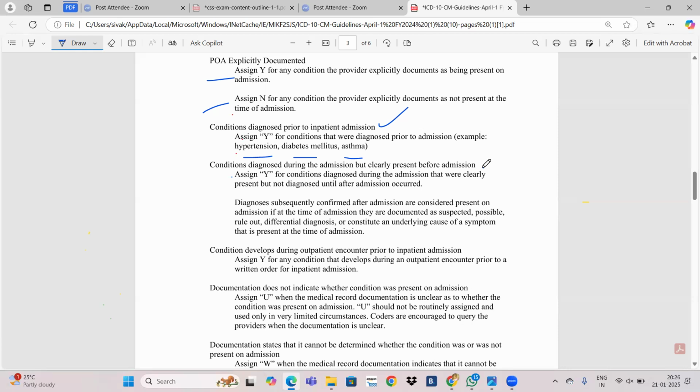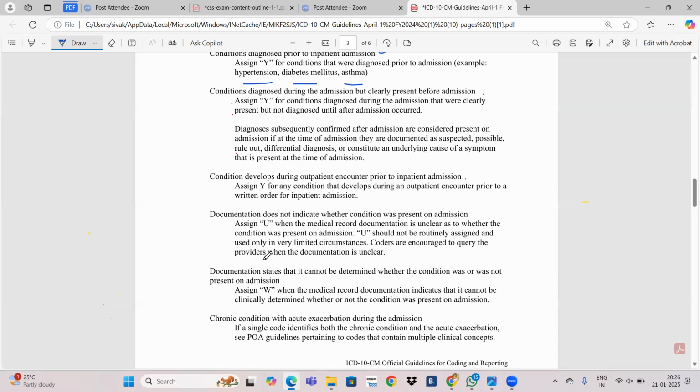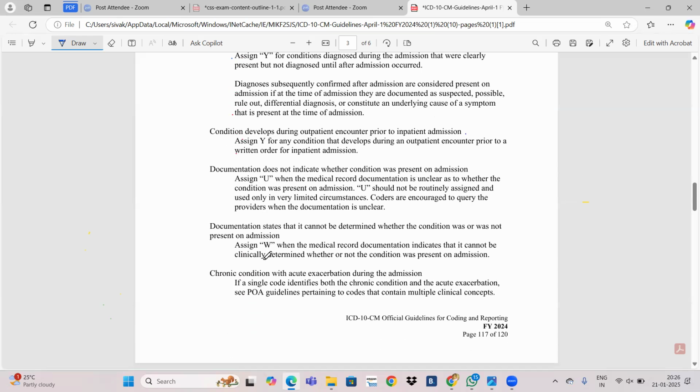Next concept. Conditions that develop during an outpatient encounter prior to inpatient admission. This concept we can discuss. It is an interesting concept. While you are going to the hospital, they will not directly give inpatient admission, right?